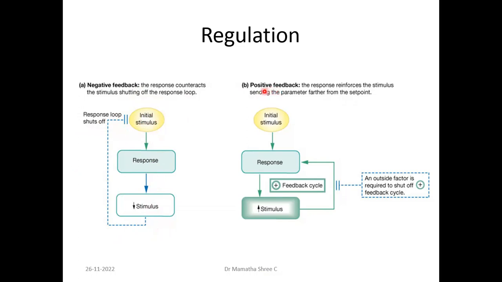Another is positive feedback. From positive feedback, what do you understand? It is something which is going to increase the levels, right? So the response is going to reinforce the stimulus. For example, I can give you oxytocin. Oxytocin is released from your posterior pituitary gland. It is required during delivery of the baby.